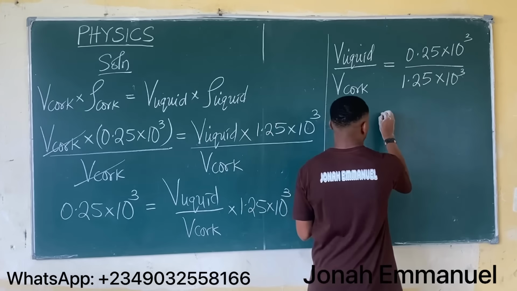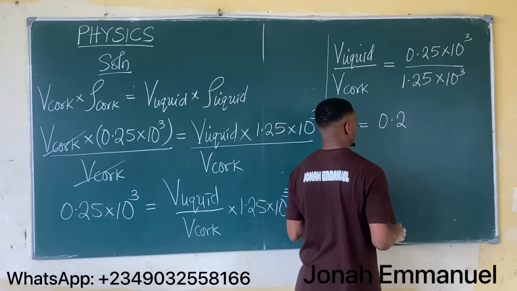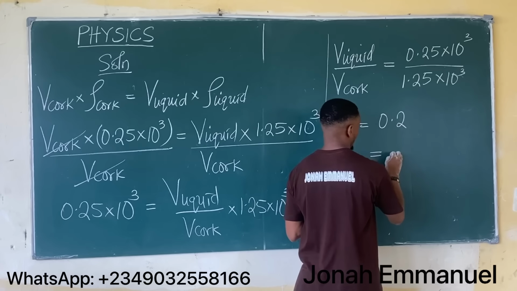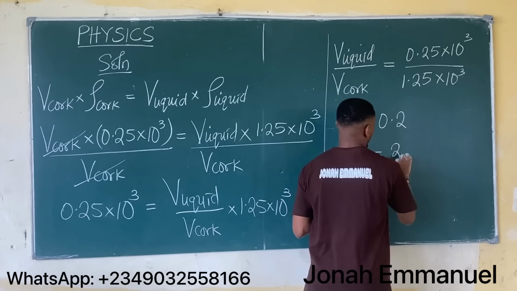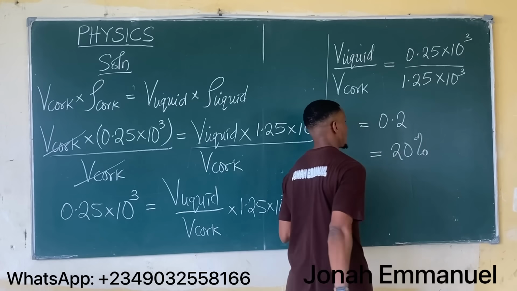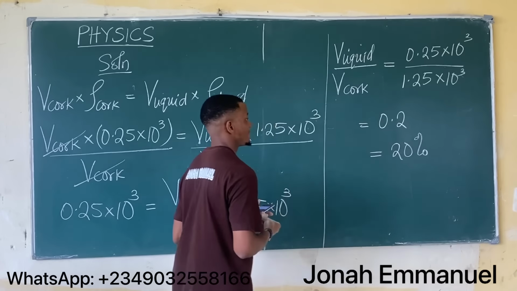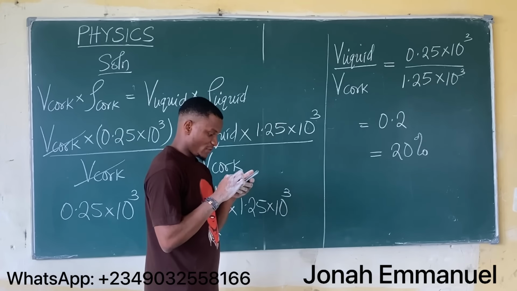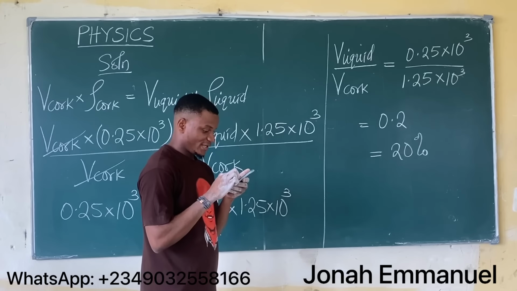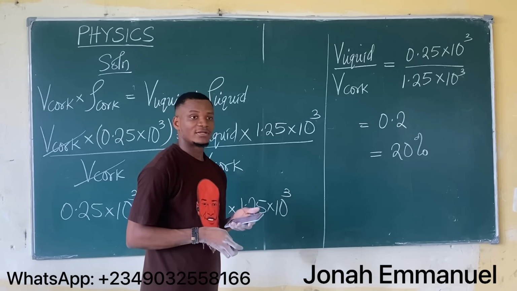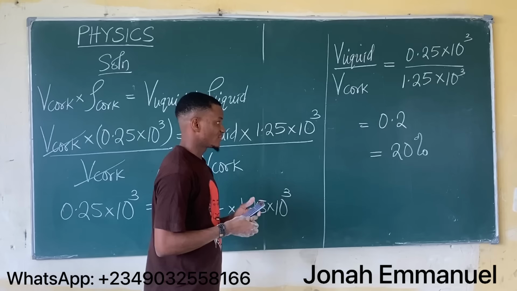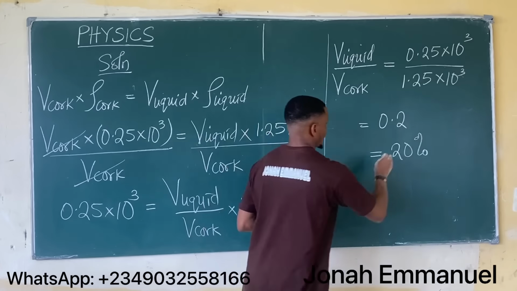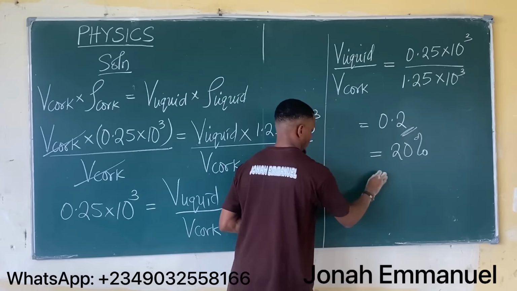So my answer is equal to, that's equal to 0.2, which in fraction is simply 20%. Simply 20%. So the answer there is 0.2. And which option is that? That is option B, 0.2. Alright, so the answer there is option B.